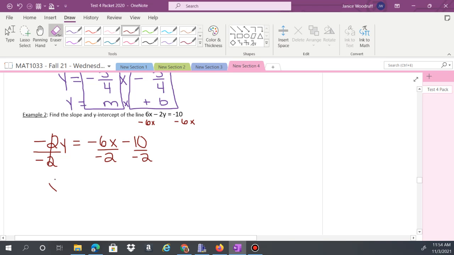So these cancel. I get y equals negative 6 divided by negative 2, positive 3x. Negative 10 divided by negative 2, positive 5. And then mx plus b. So my m, positive 3, b, positive 5.